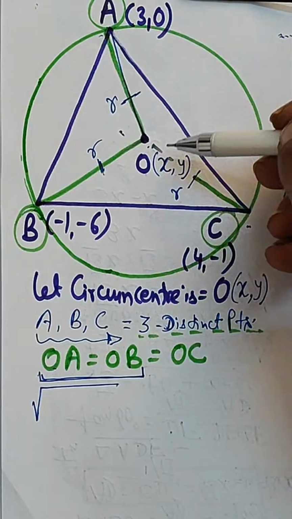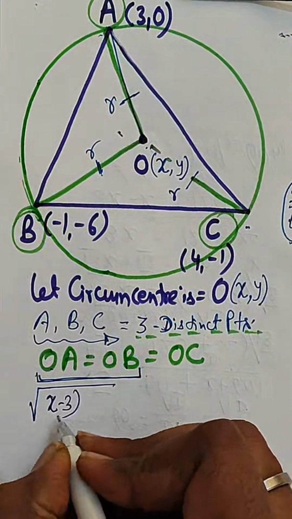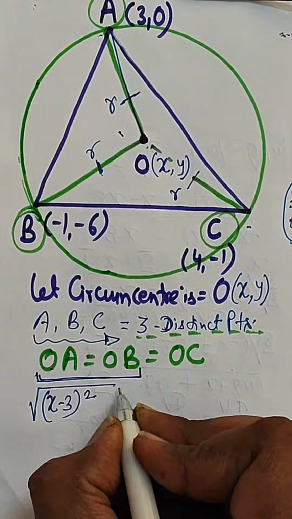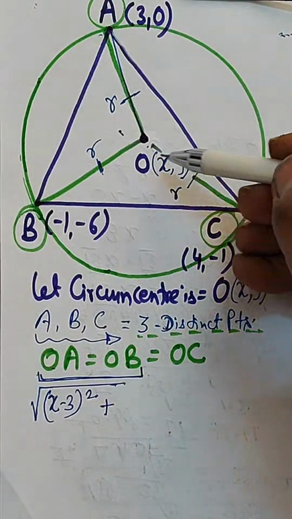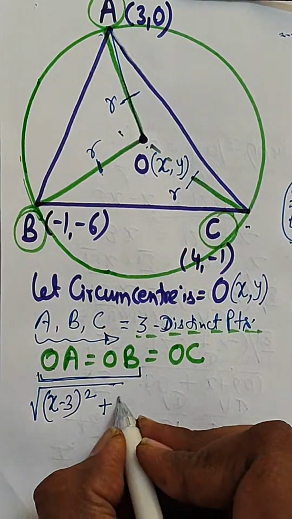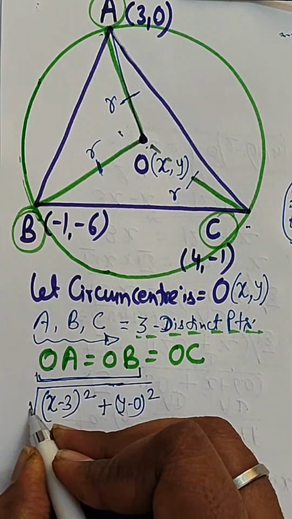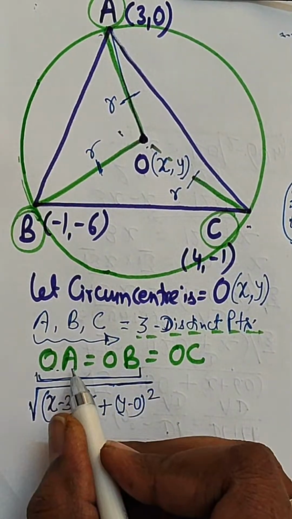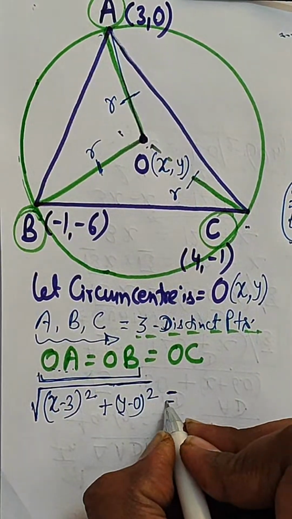So over here x minus 3, just do the abscissa first, then the ordinate, x minus 3 whole square plus y minus 0 whole square, root over of that will give you the length of OA, right? And this will be equal to the length of OB.